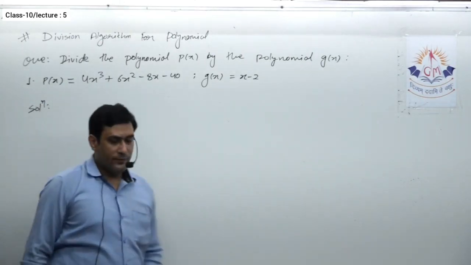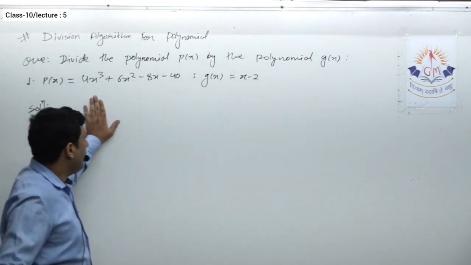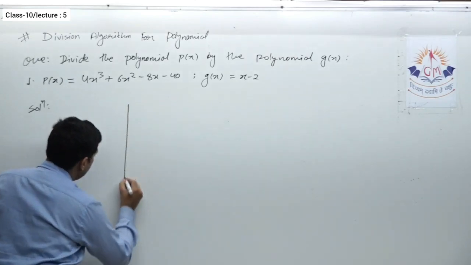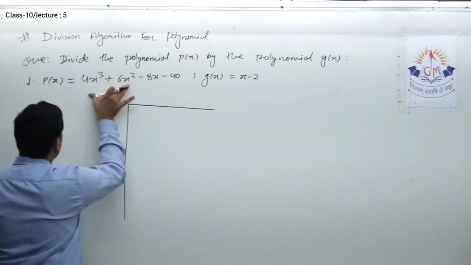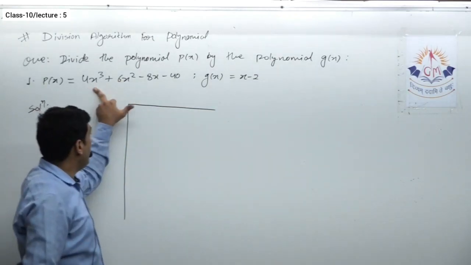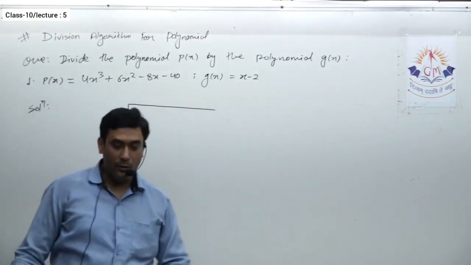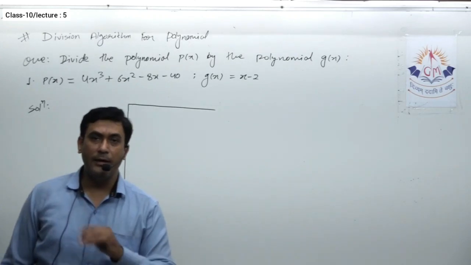See, the very first thing that you have to take care of while dividing p(x) by g(x): first we'll draw this type of skeleton. Inside we write this p(x), but when we write it, we have to take care that it should be in standard form, the form in which the powers of the variable are in decreasing order.